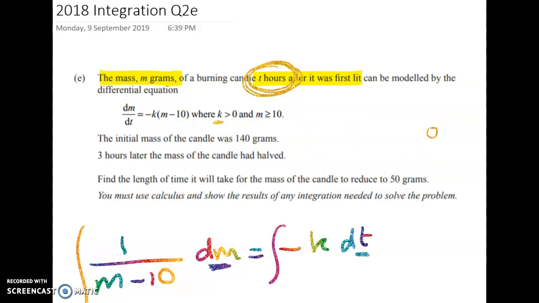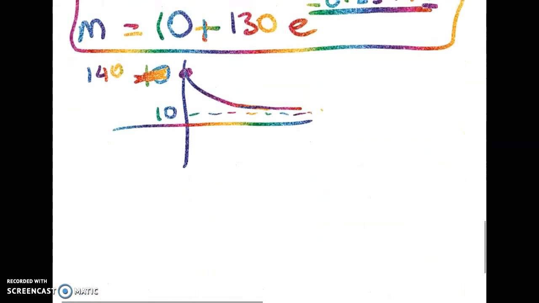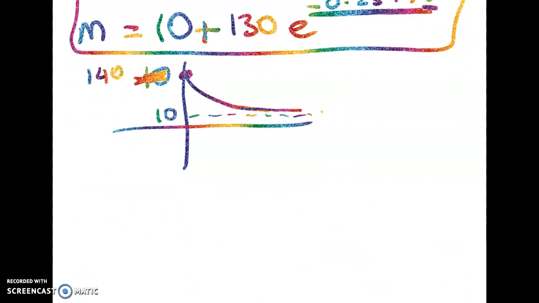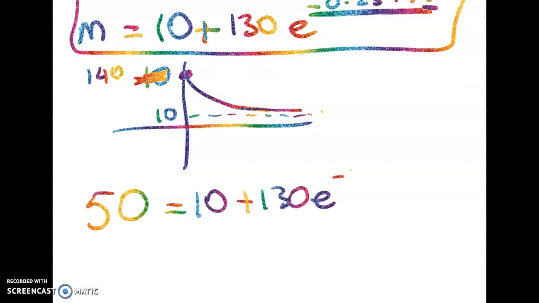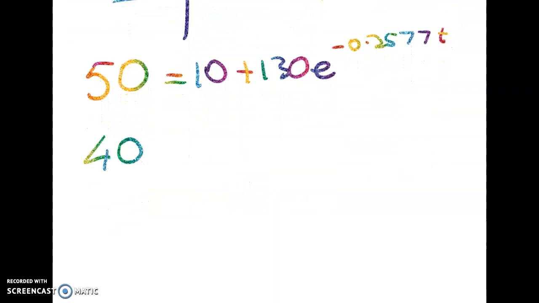We have to figure out how long it will take for the mass of the candle to reduce to 50 grams. So we go back down to our equation, and this is the easiest bit in many ways. We're going to solve 50 equals 10 plus 130 e to the negative 0.2577t. Subtracting 10 gives us 40 equals 130 times that.